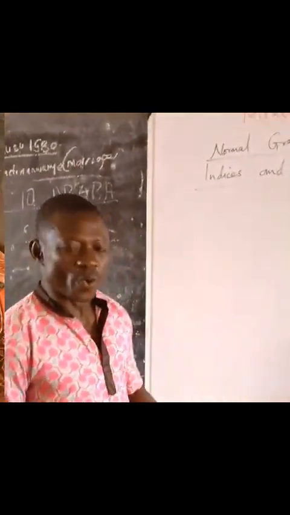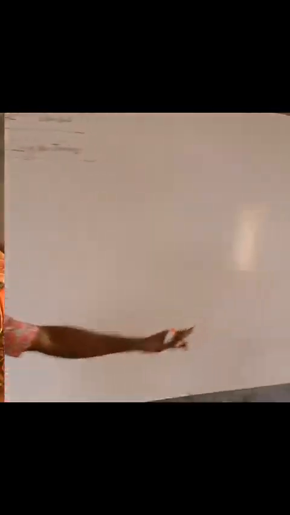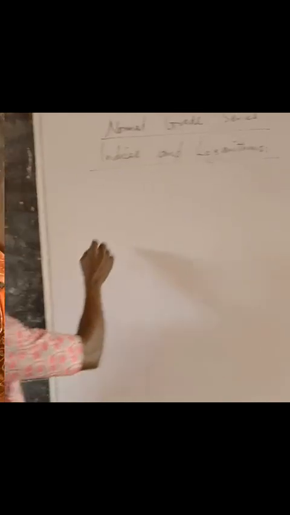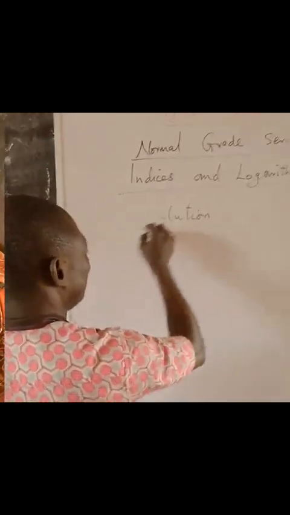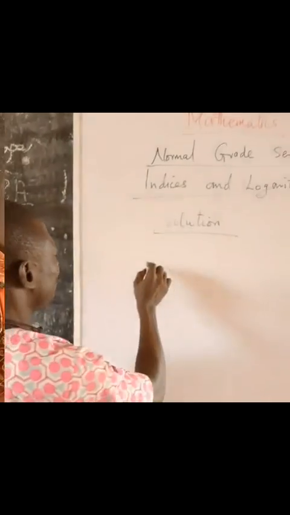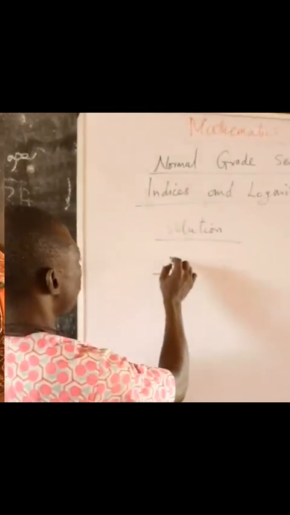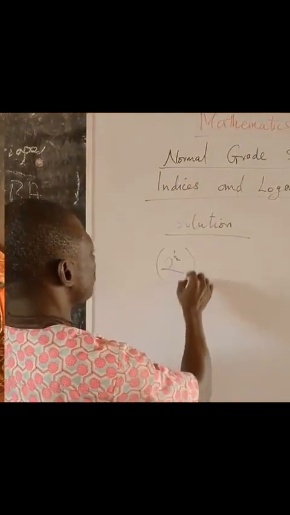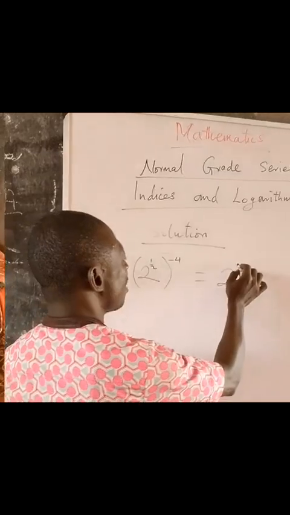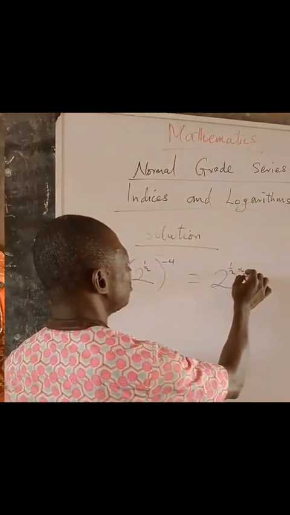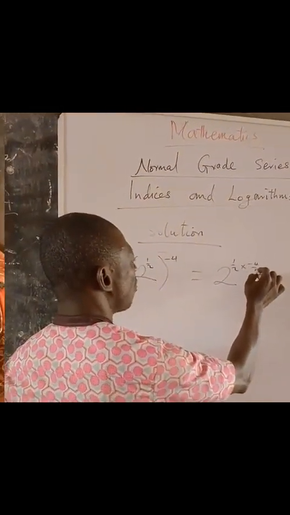In a way, we are going to multiply the two indices. And so, in our solution, 2 raised to power 1 over 2, raised to power minus 4 will give us 2 raised to power 1 over 2 times minus 4 over 1.